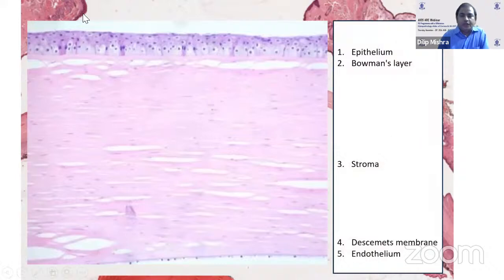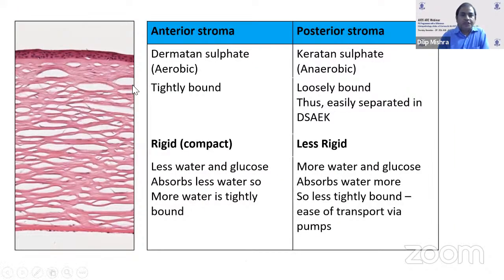Here you can see the normal cornea, having 5 layers: the outer epithelium, then Bowman's layer, and 90% of the thickness of the cornea is made by stroma. After that come Descemet's membrane and the endothelial complex. The anterior stroma of the cornea is compact, whereas the posterior stroma is loose. So this is the normal histology of the cornea.